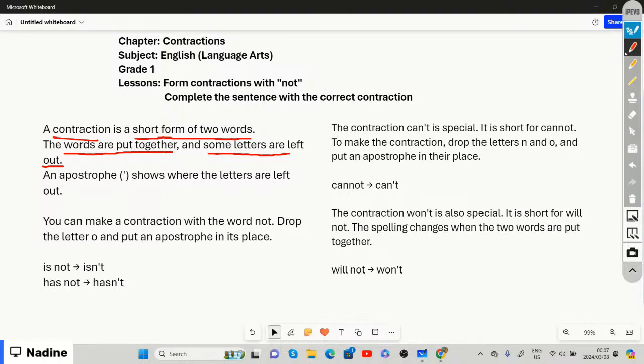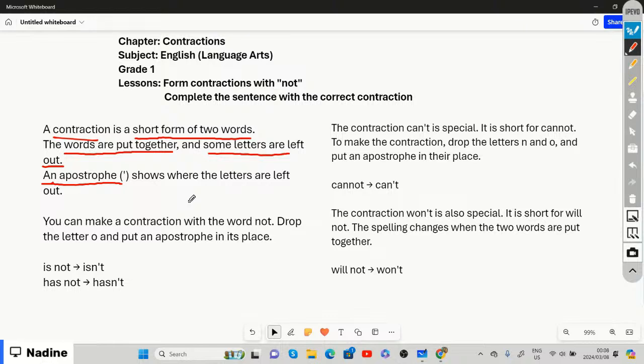And in the place of the letters that are left out, we put an apostrophe. An apostrophe will show where the letters are left out. We're only going to put one apostrophe, whether there's one letter, two letters, or three or more letters missing.